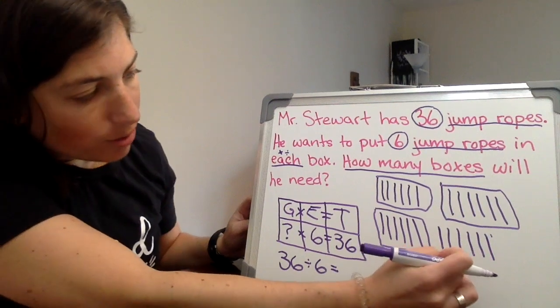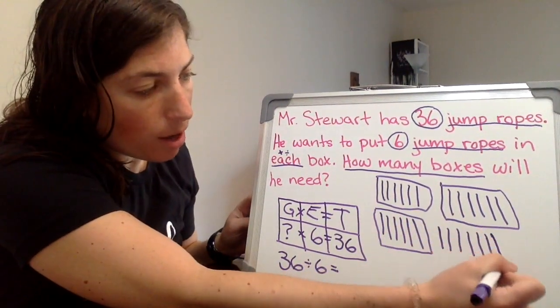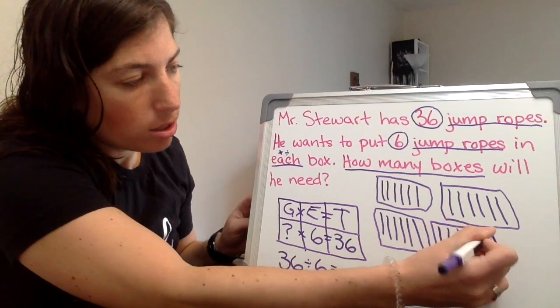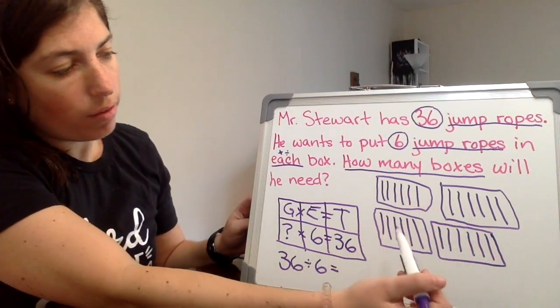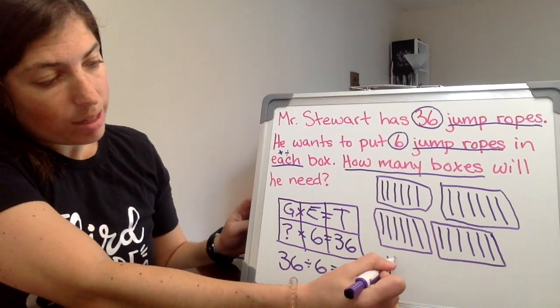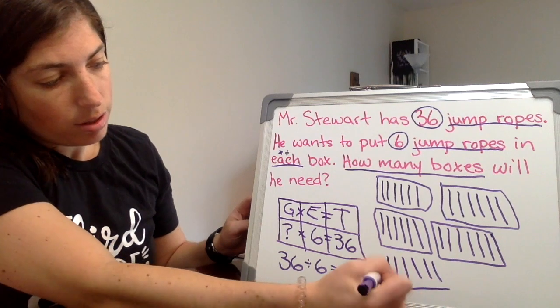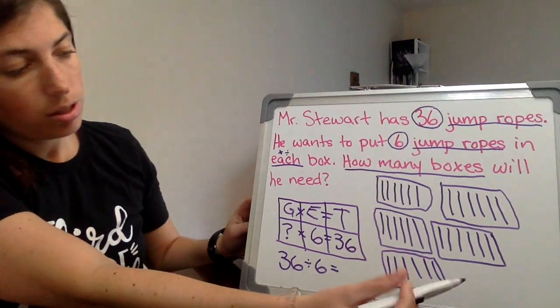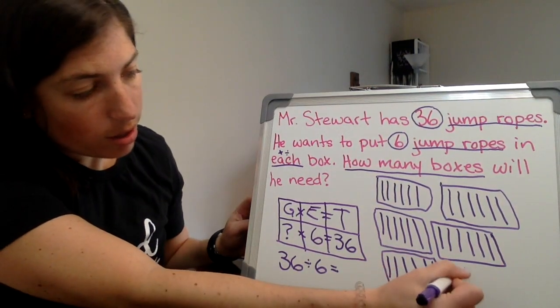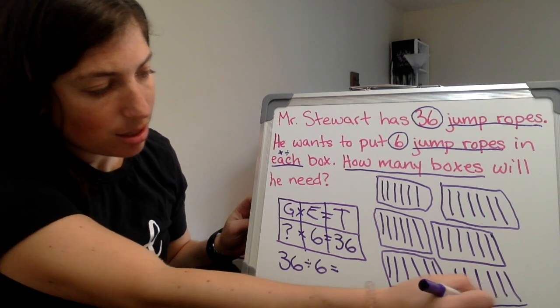Oh, yeah, that's right. So I'll put another box. Right now I have 6, 12, 18, 24. Then 25, 26, 27, 28, 29, 30. There's another 6. 31, 32, 33, 34, 35, 36.